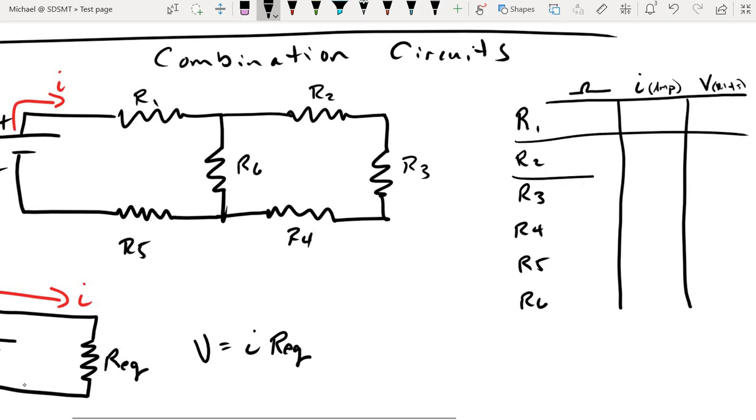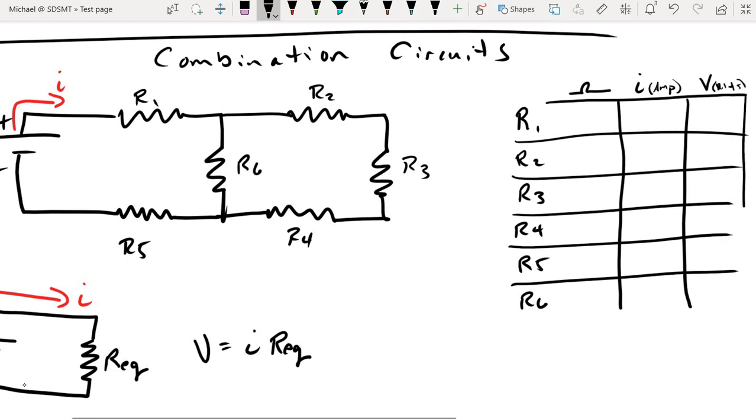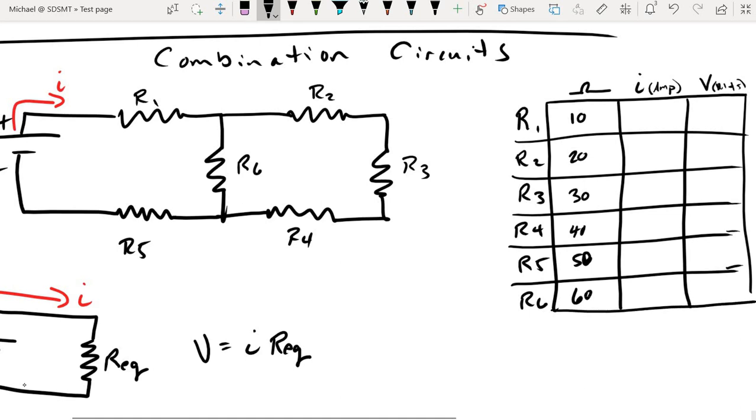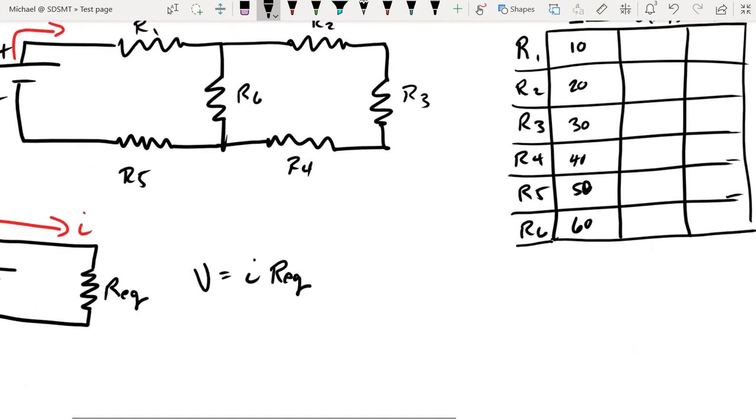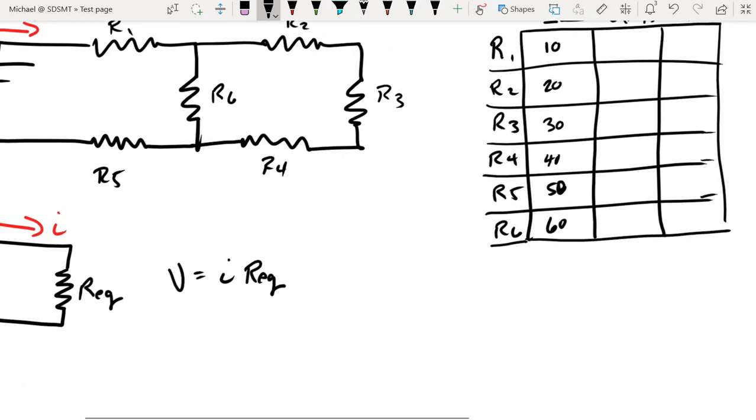All right, so first things first, I need values for these resistors, and I'm just going to make up values for these resistors, and I'm not feeling all that imaginative, so I'm just going to go down and say 10, 20, 30, 40, 50, 60. Now, if you're writing this down in your own notes, I'd like you to leave some room below this table, because I'm going to add some stuff here as we go.